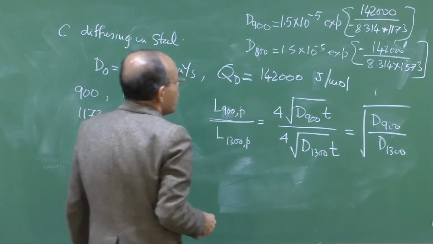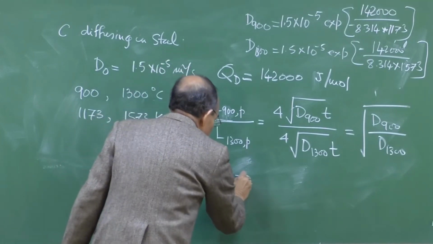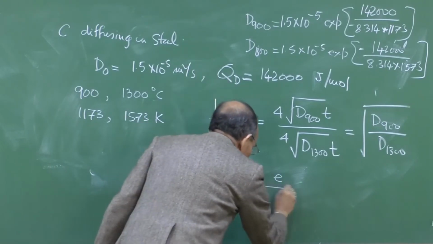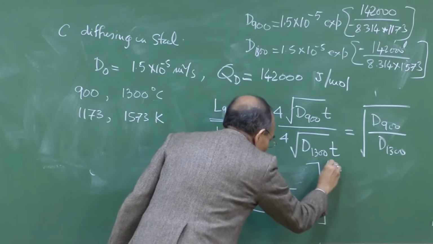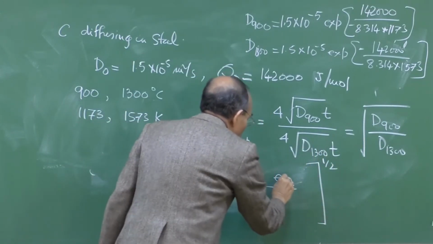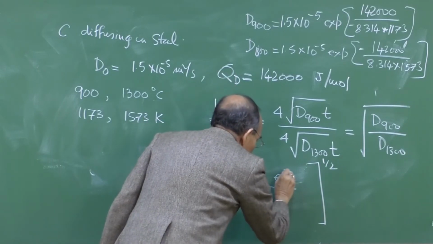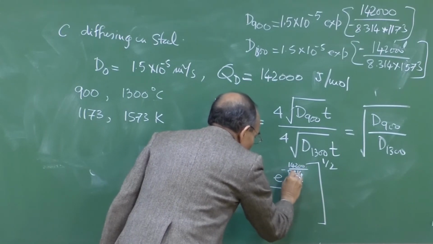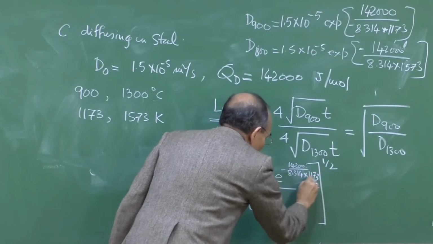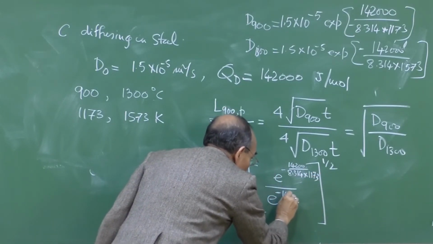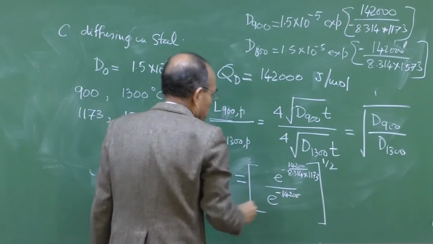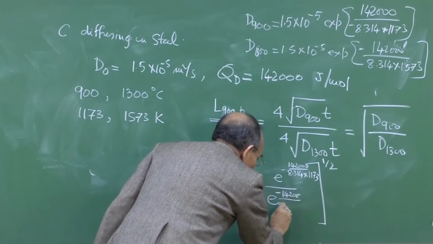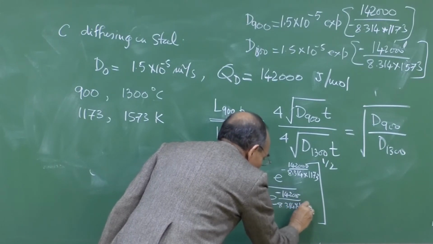So, if you take the ratio here, then what you find out is that this is going to be nothing but exponential e to the power half, and then we have minus 142,000 divided by 8.314 into 1173, minus, e to the power minus 142,000 divided by 8.314 into 1573.